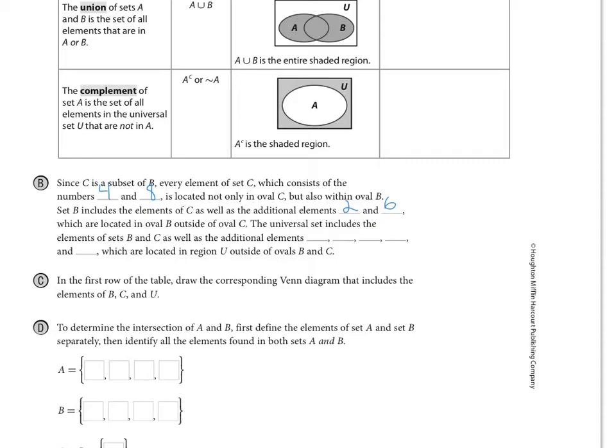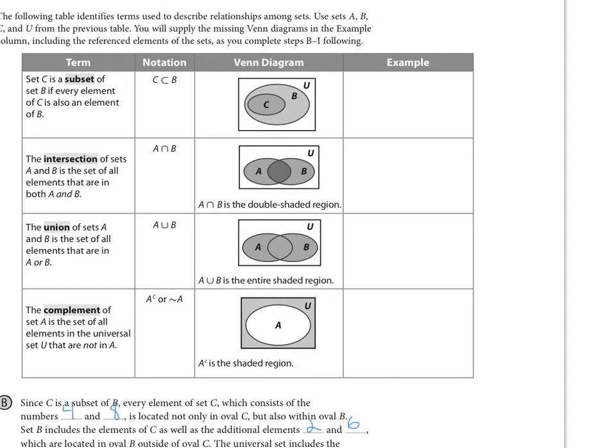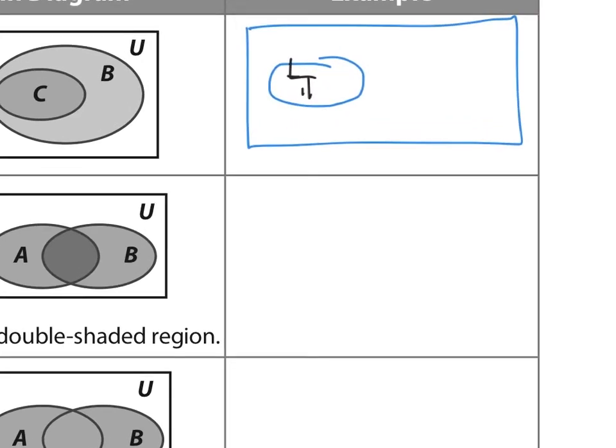So let's go ahead and draw that. So I've got my Venn diagram here where my set of numbers in C is the numbers 4. Well, let me go a little better here and zoom in for you guys. There we go.